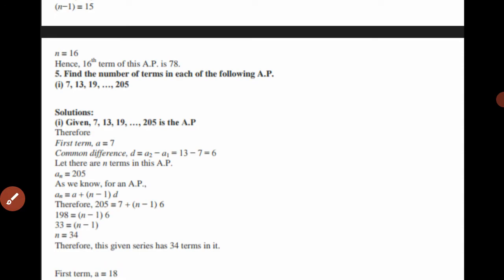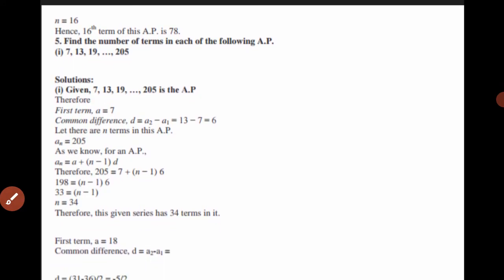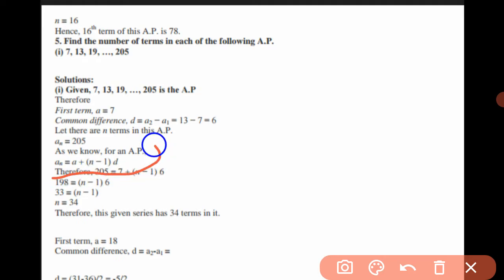Similarly, question number 5 is also the same. Here we have to find the number of terms in each of the following. So in the first part we have 7, 13, 19 and 205. So we have to find the number of terms, meaning the value of n. So we will use the same formula, that is an equals a plus (n minus 1) into d. Now putting in the values, we can find the value of n equals 34.